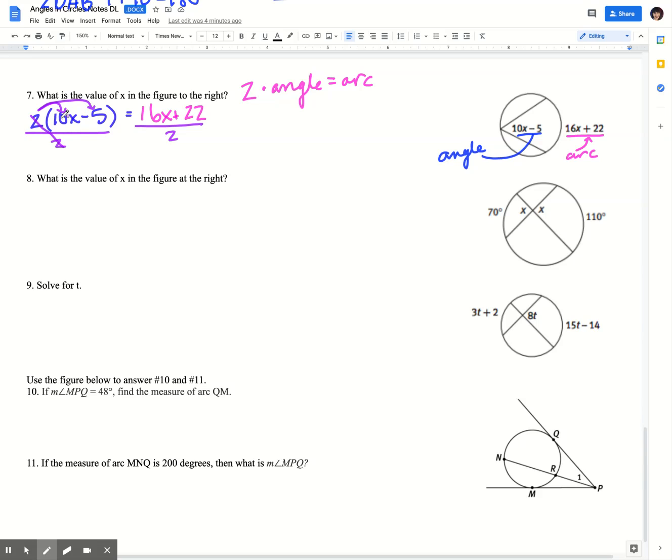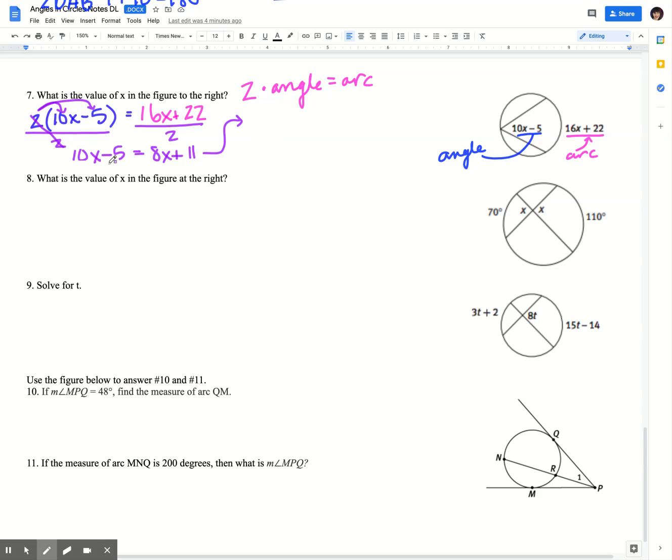But you would end up with the exact same answer if you used the distributive property. So it would be fine either way. If you solve it my way, I have 10x minus 5, because I got rid of that 2, equals, and then I'm just dividing all of these values by 2. So 16 divided by 2 is 8, so I have 8x plus, and then 22 divided by 2 is 11.